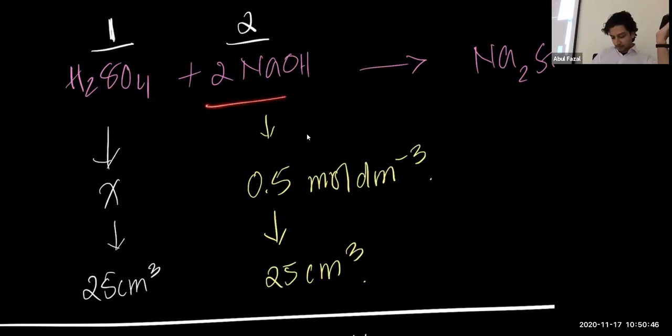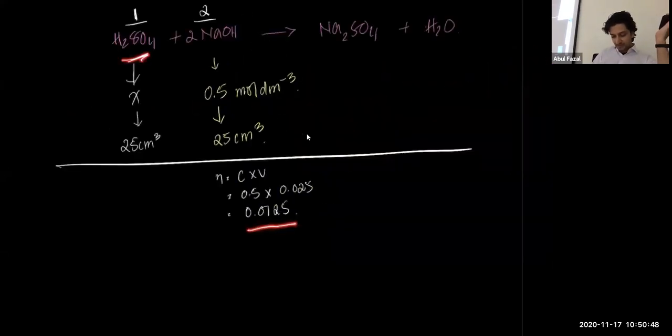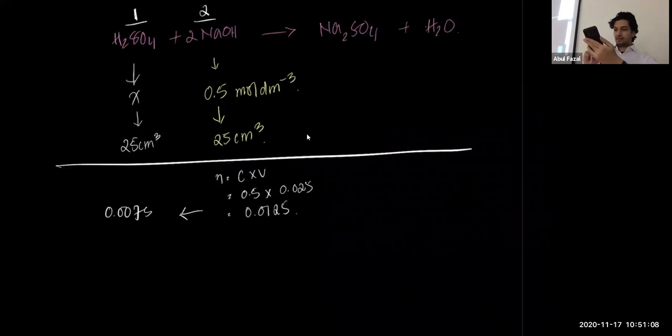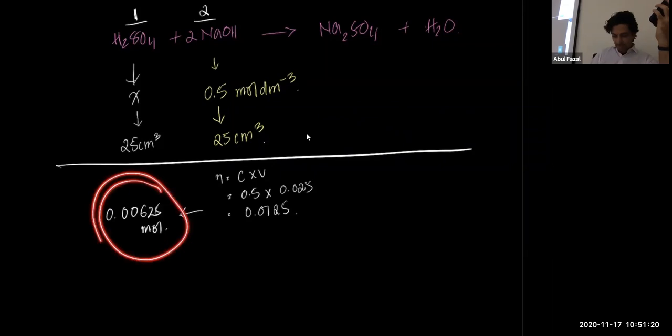If this is 0.0125, this is half of that, which is 0.5 times 0.025 times 0.5 again. 0.00625 moles.